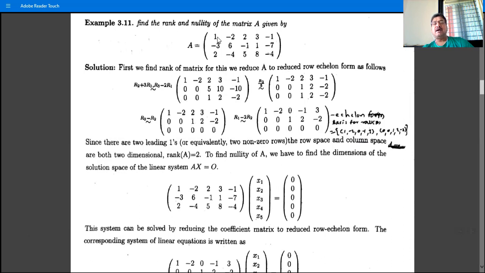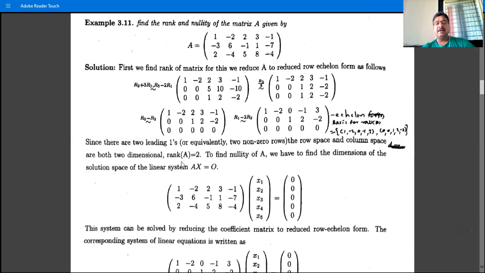Write 1 minus 3 2 as the first column, and 2 minus 1 5 as the second column, the third column, as the second vector. So this set contains these two columns, 1 minus 3 2 and 2 minus 1 5. These two vectors form the basis for the column space of A. Again the dimension of the column space of A is 2, and therefore the rank of A is 2.